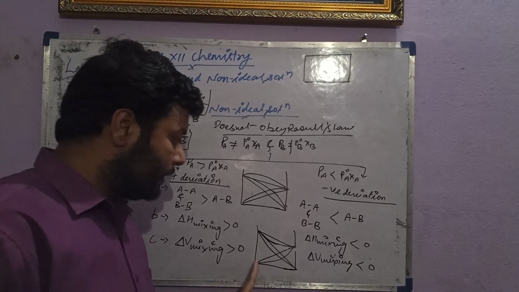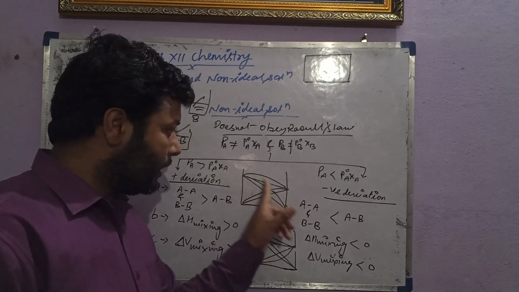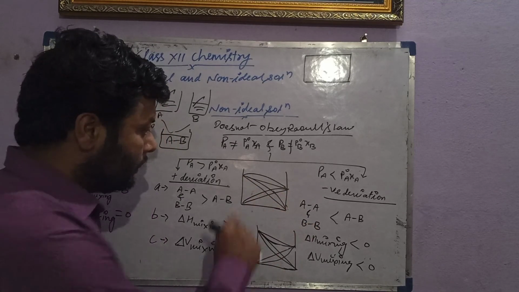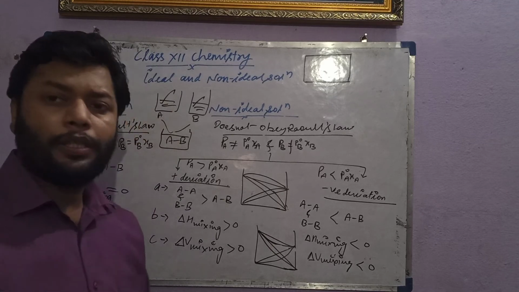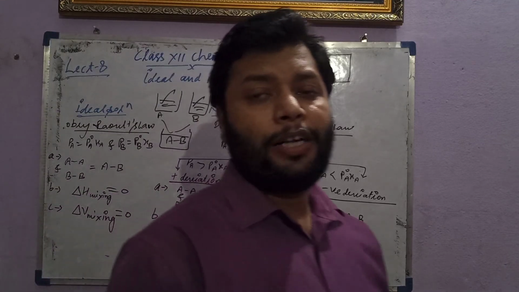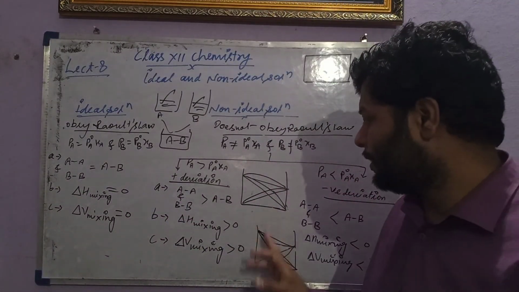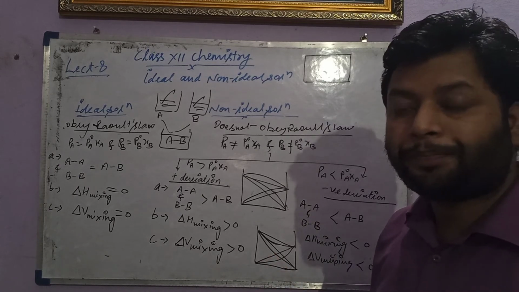This will be pressure, this will be mole fraction, this is the line of the ideal solution, this is the positive deviation solution, this is the negative deviation solution. So this is called positive deviation from Raoult's law, and negative deviation from Raoult's law.